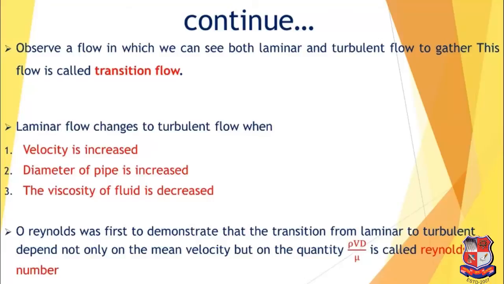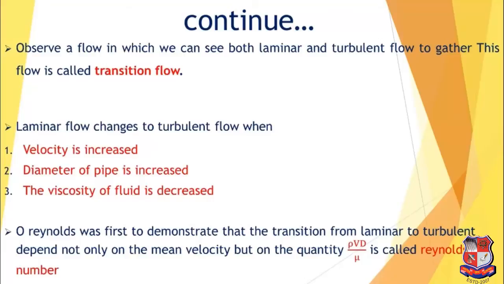Now the laminar flow changes to turbulent flow when velocity is increased. As you can see, a water jet at uniform velocity and a water jet with high velocity, which will have very splashing flow, will not be a part of laminar flow, but will be termed as turbulent flow.